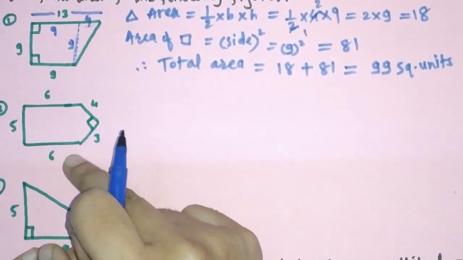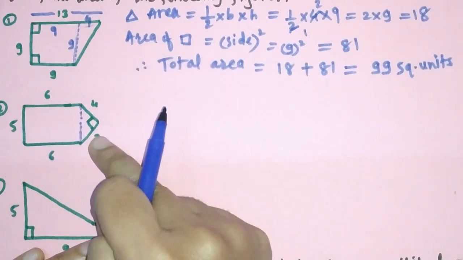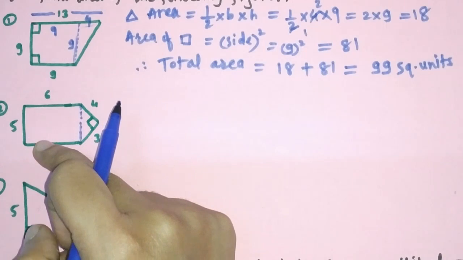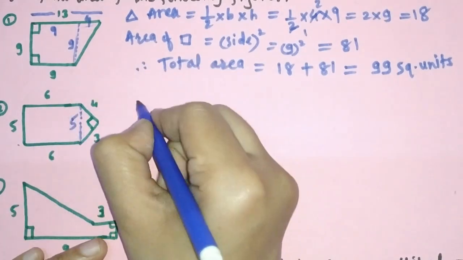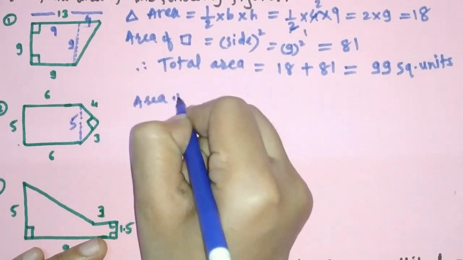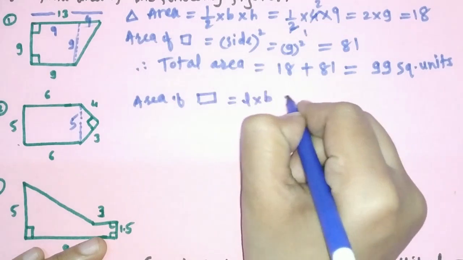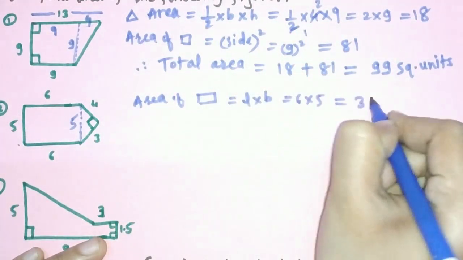Now moving to this question, again you can see if I draw a dotted line here, it makes one right angle triangle and one rectangle. This is 5, so its opposite is also going to be 5. First we'll find the area of the rectangle. We know that it is length into breadth. So it is 6 multiplied by 5. So we'll get 30.